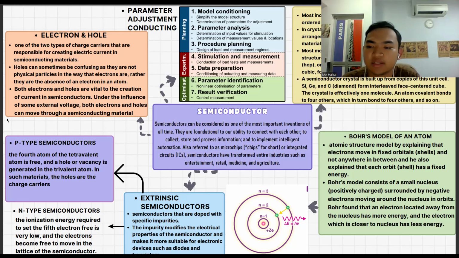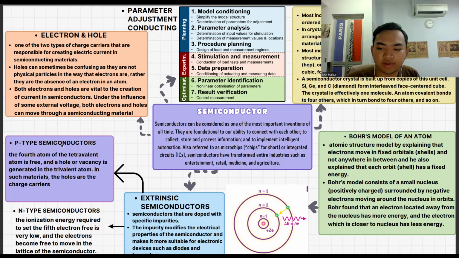A semiconductor crystal is built from copies of this unit cell. Si, Ge, and C diamond form an interleaved face-centered cube. The crystal is effectively one molecule, and each atom is covalently bonded to four others, which in turn bond to four others, and so on.